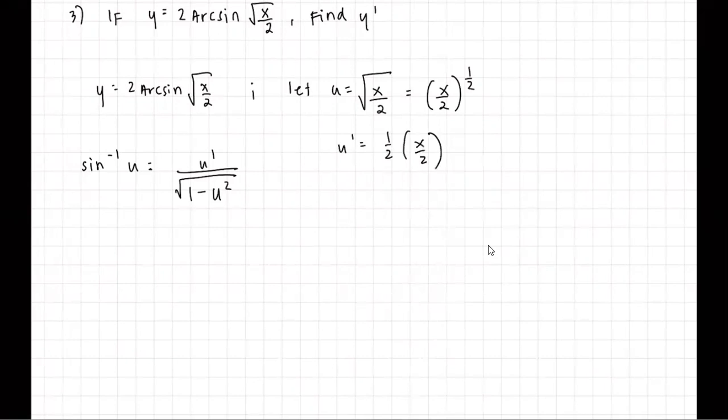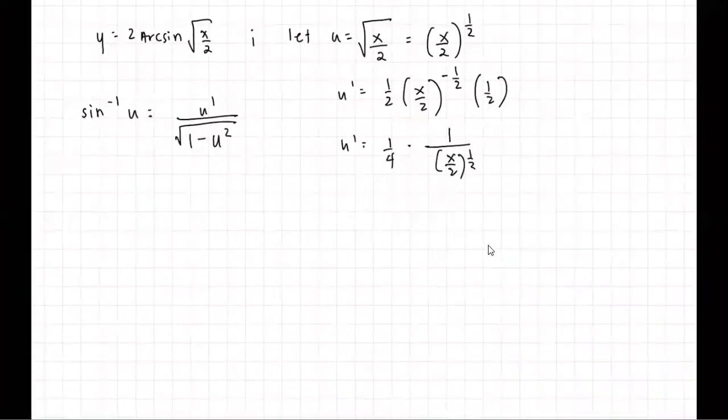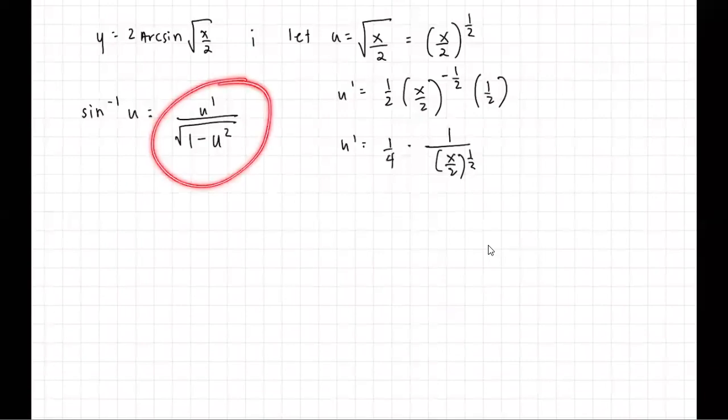So, 1 half minus 1 is negative 1 half. And derivative nung nasa loob niya, so 1 half. Okay? So, u prime will be 1/4 times 1 over x over 2, 1 half. Okay? So, kailangan natin tong form na to.